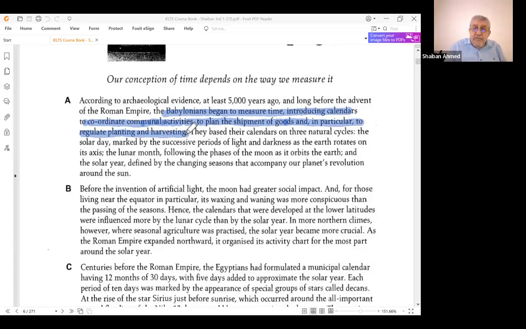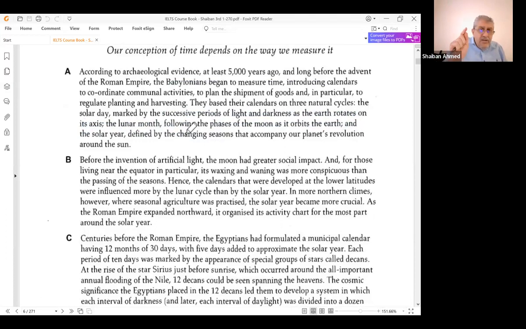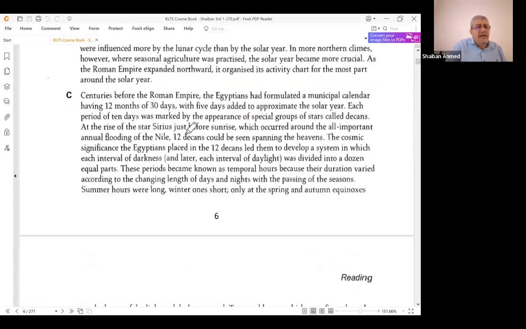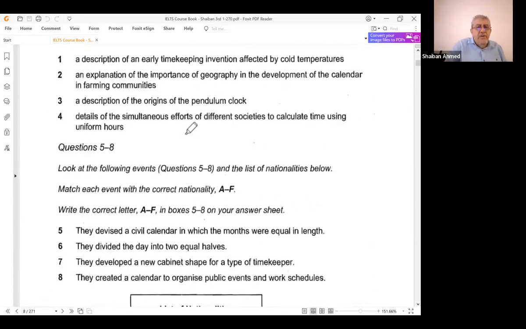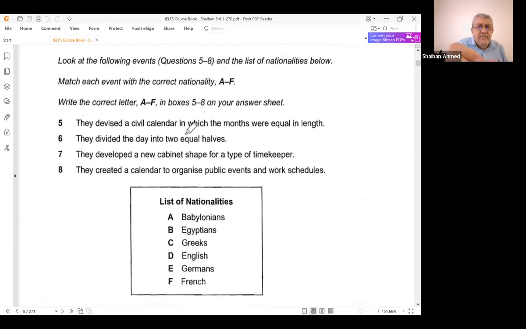So we go to the headings. They are not headings, of course, but what did they use it for? Began to coordinate communal activities, to plan the shipment of goods, in particular to regulate planting and harvesting.